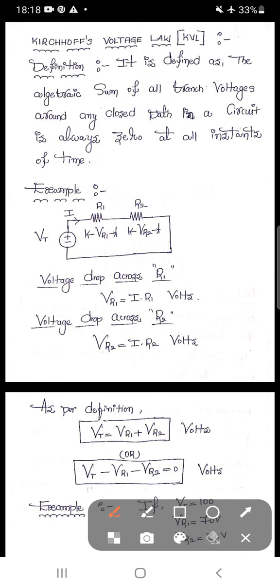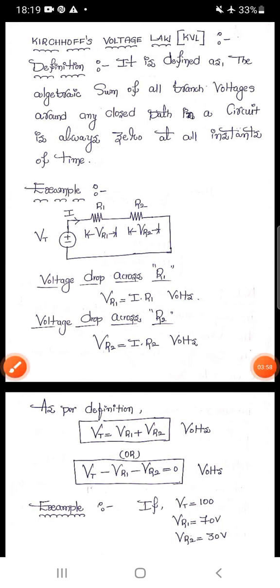The voltage drop across R1 is VR1 and across R2 is VR2. If I add VR1 plus VR2, the sum of these two voltage drops must be equal to Vt. Then only is Kirchhoff's voltage law verified in a circuit. Like this we can verify.